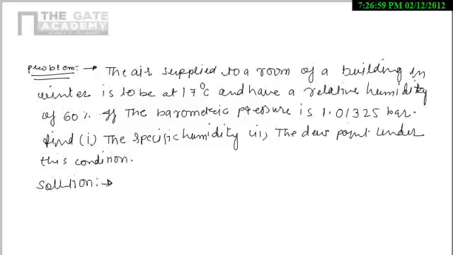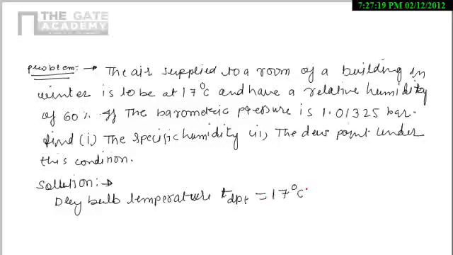So whatever given data I will write here first, that is dry bulb temperature, denoted by T dry bulb equals 17 degrees centigrade.